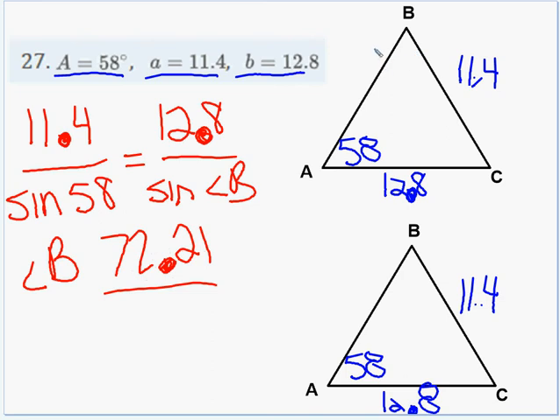So up here in the top triangle, angle B is 72.21. And then we subtract that from 180, the supplement. 180 minus that 72.21 is 107.79.